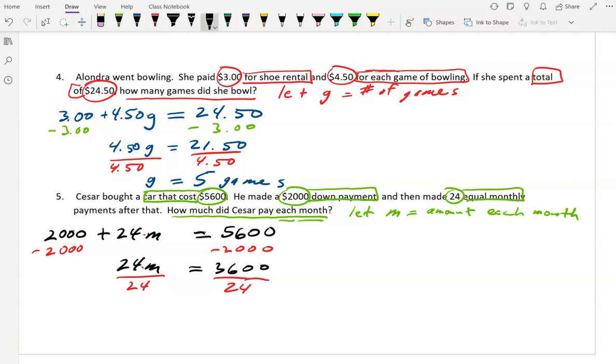When we do that, M is by itself now, and 3,600 divided by 24 is 150. So each of those payments is $150 each month. And there you go. All right. Hopefully you're doing quite well.